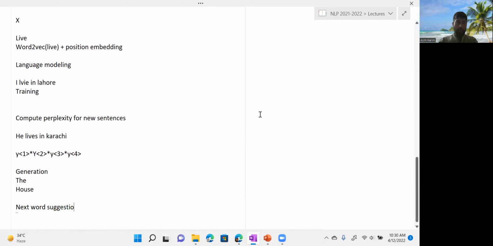So this is also done in a similar way. The previous context goes into the input network, and from the probability distribution for the next word, the top words are recommended. And let's say you write one word further, then you update the sequence on the network, including that new word, and you get the prediction for the next word.